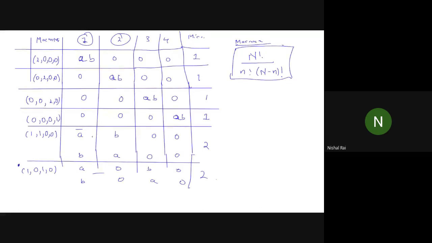What is the total number of particles for this distribution? N is constant, 2. So how many do we want? One particle. 2 factorial divided by 1 factorial, which is 2. Can you see there are 2 microstates for this given macrostate?